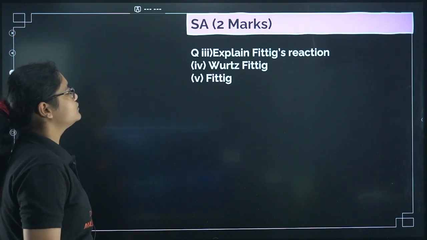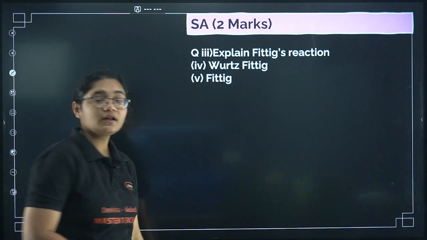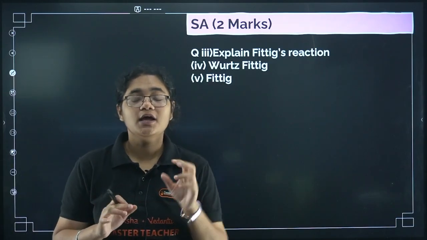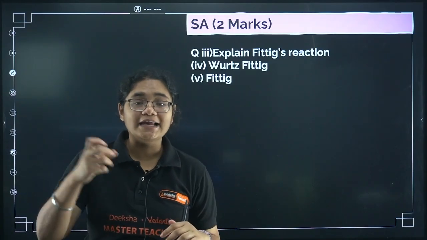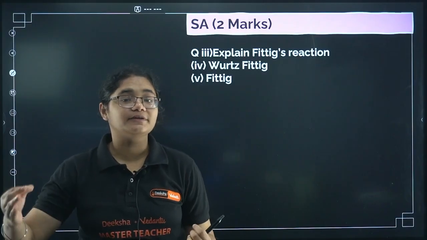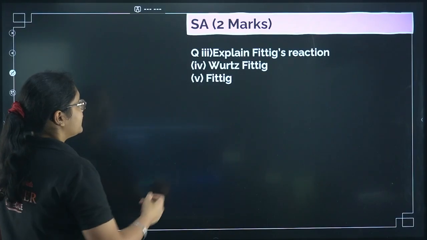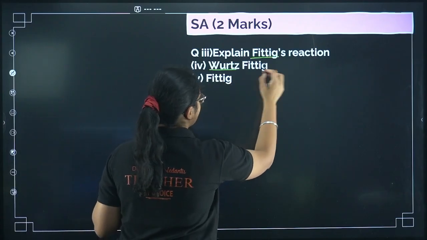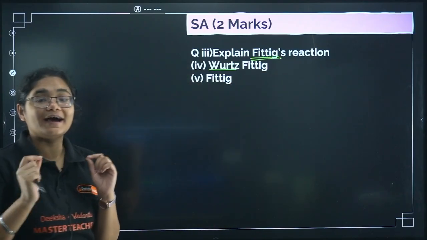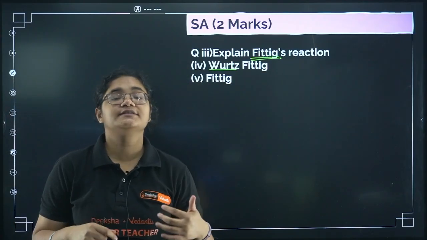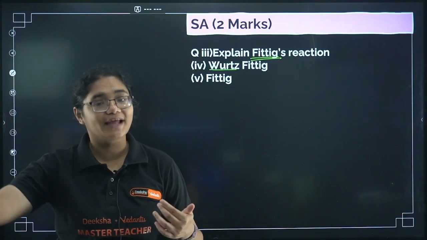Next we have Wurtz reaction. Wurtz reaction is the reaction where alkyl halides react with each other in presence of dry ether to give you alkanes. Next, what is Fittig reaction? Aryl halides react with each other in presence of sodium and dry ether to give you diphenyl.